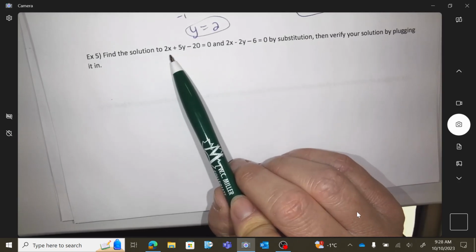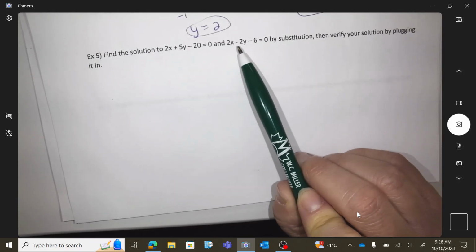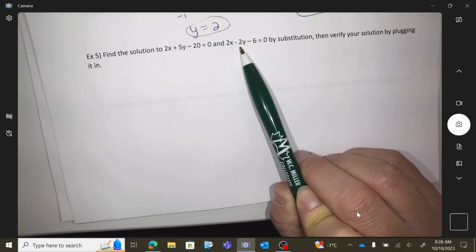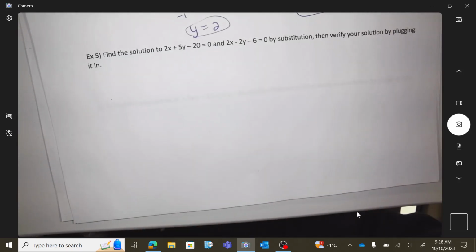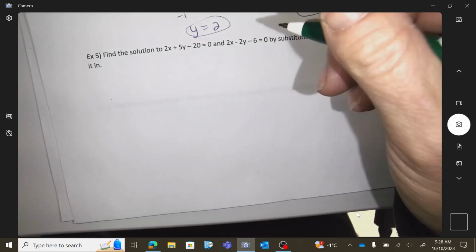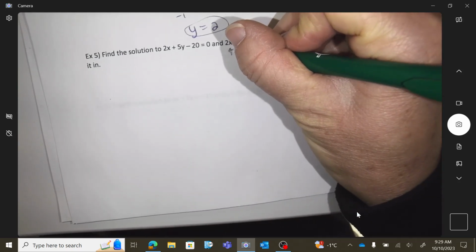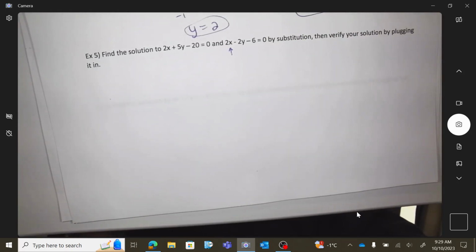What looks easier? The x in this, the y in this, the x in this, the y in this. What might look the best to get alone? I'm thinking the x in that one would.